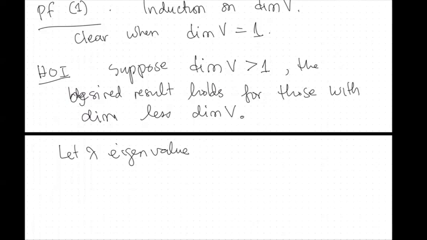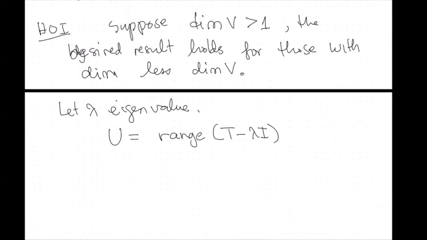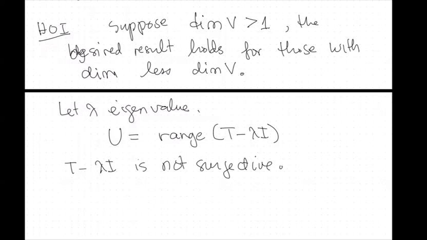Let us call the eigenvalue of T lambda. Define the subspace U to be the range of T minus lambda I. Here T minus lambda I is not surjective, because lambda is an eigenvalue by the previous theorem.